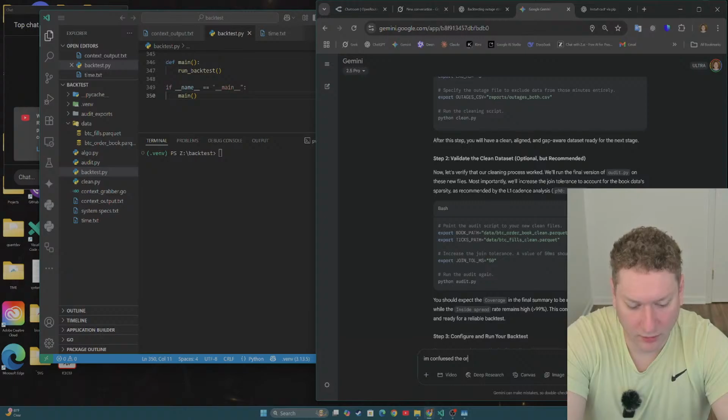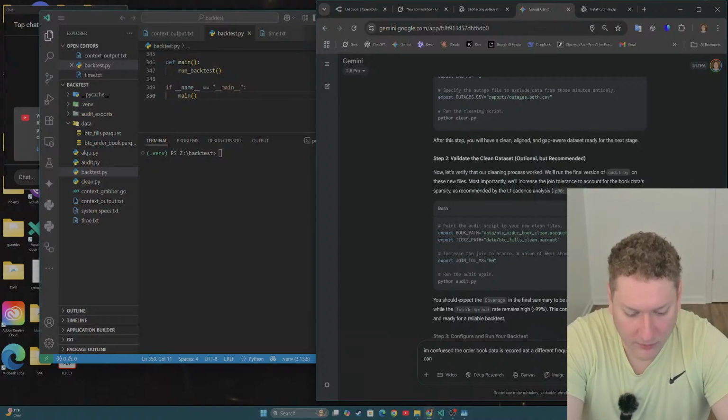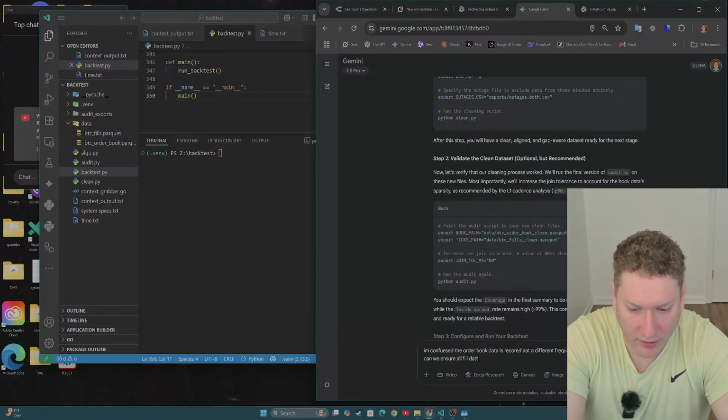So the order book data is recorded at a different frequency than the fill data. How can we ensure all fill data and order book?